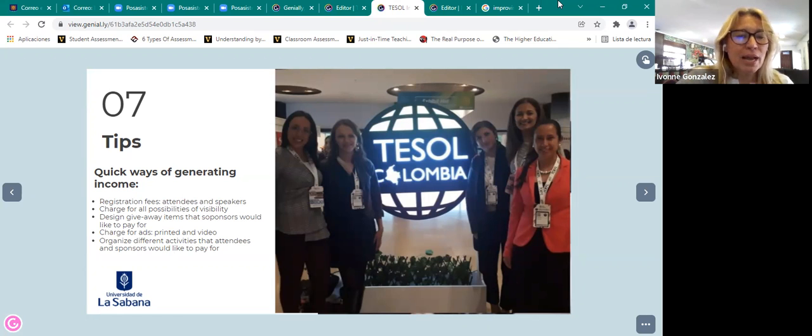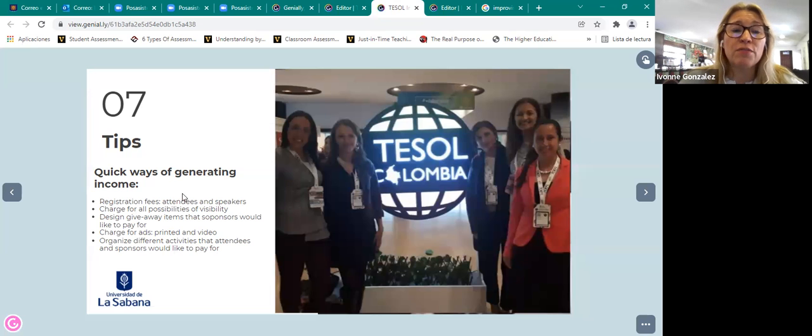As you can see in my slide, the registration fee is the easiest and fastest way to get some money, because you charge attendees and also speakers. We took that decision 4 or 5 years ago, that we were going to charge speakers too. The only speakers we don't charge with the registration fee are the keynotes that we invite.